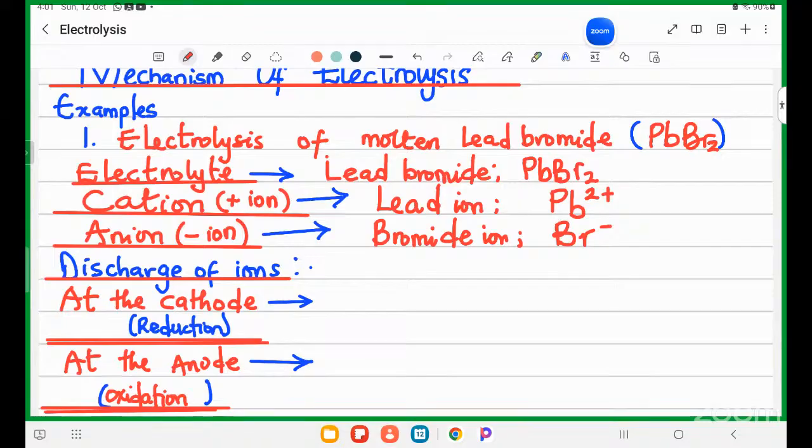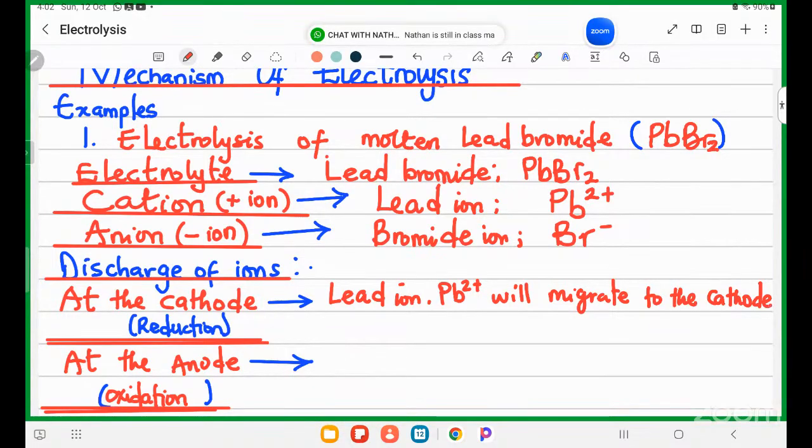Then you now write an equation. So you write that the lead ion, that is the Pb2 plus, will move or migrate to the cathode.